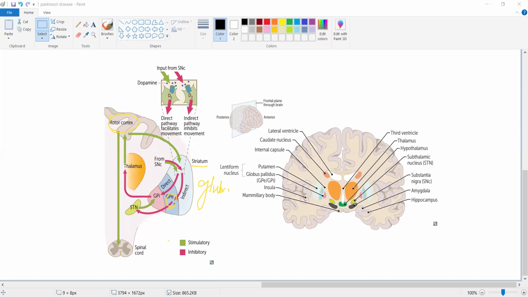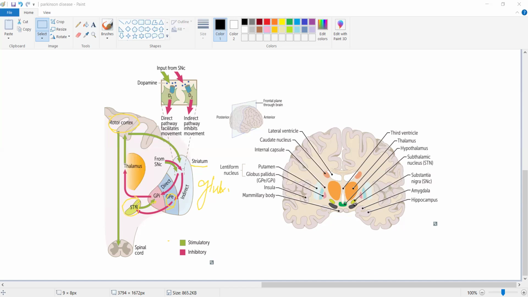And this globus pallidus externa synapses to the subthalamic nuclei, so it will disinhibit this subthalamic nuclei, and this subthalamic nuclei will synapse with the globus pallidus interna, right?